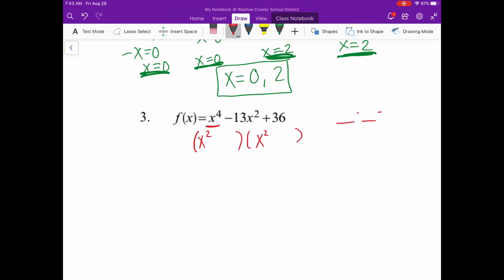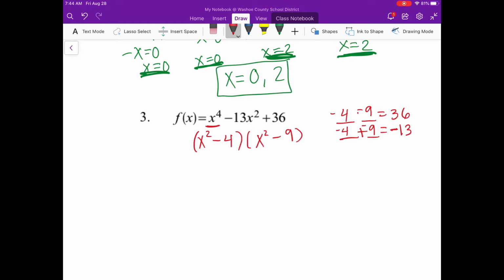So you're asking yourself still, what two numbers multiply to 36 and also add up to a negative 13? And hopefully you are coming up with 4 and 9. And again, they have to add up to a negative sum, so I'm going to add negatives there. Okay, so this is x squared minus 4, and this is x squared minus 9.